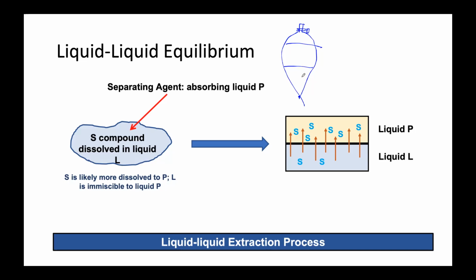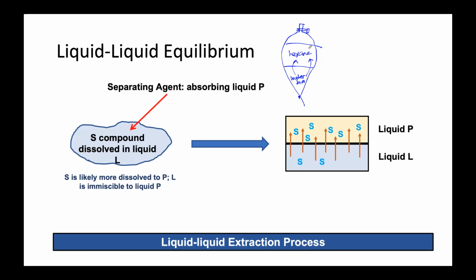So for example, this is water and tea, and then this is hexane, the organic. Because of the bonds, the components in the tea love hexane very much, like non-polar. So when we mix them, the tea will dissolve in hexane.